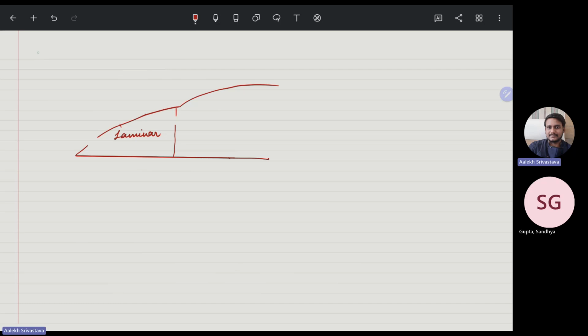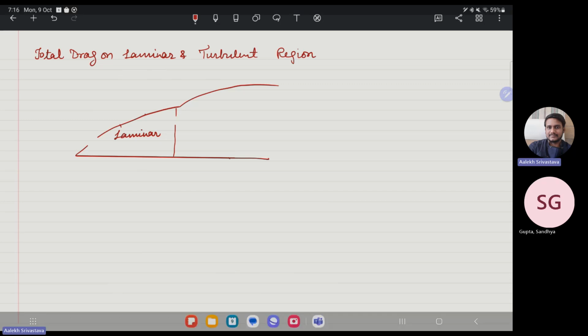So what is the total drag on the laminar and turbulent region?